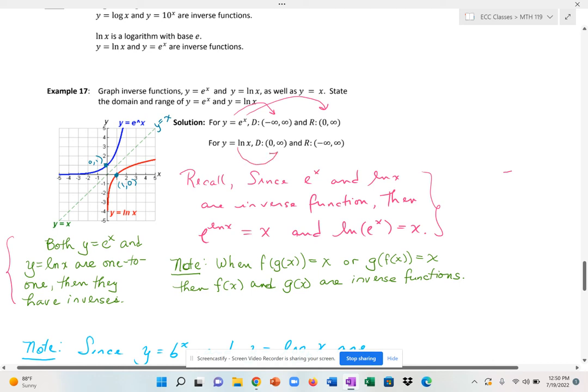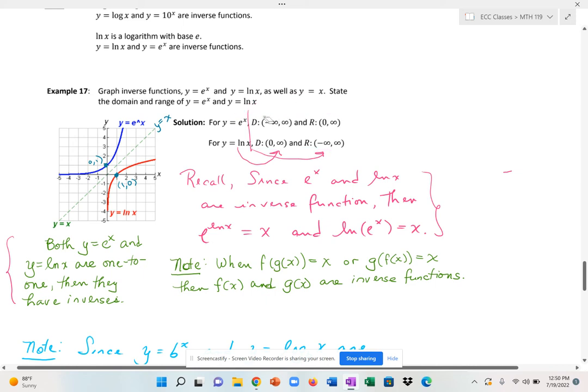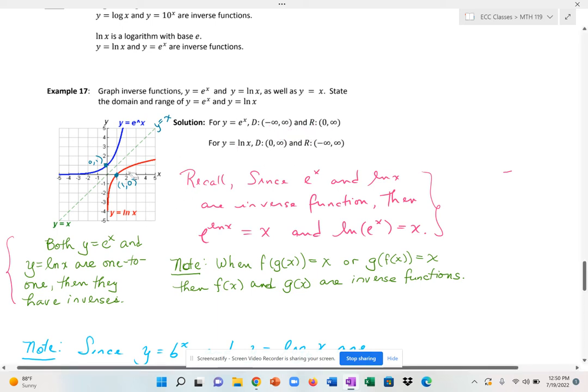The domain for ln of x is all positive numbers. The range is all real numbers. Remember, domain and range switch between two inverses. So the domain of e to the x is the range of ln of x, and the range of e to the x is the domain of ln of x. And that will be true for any inverse functions.